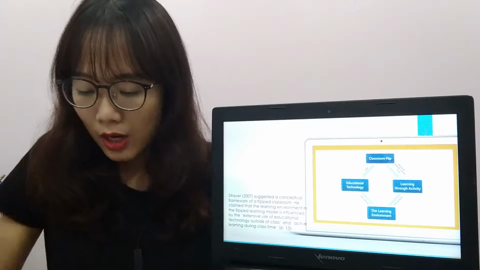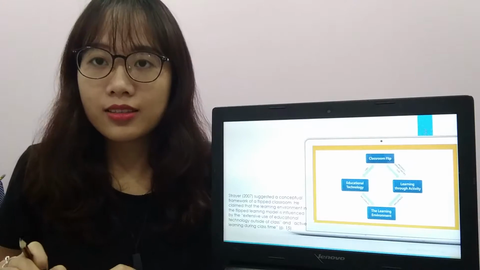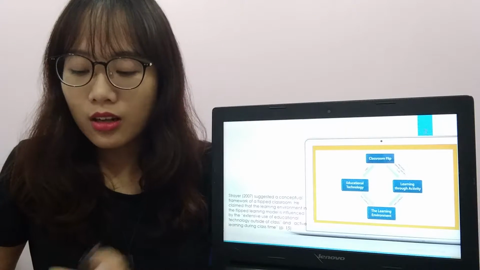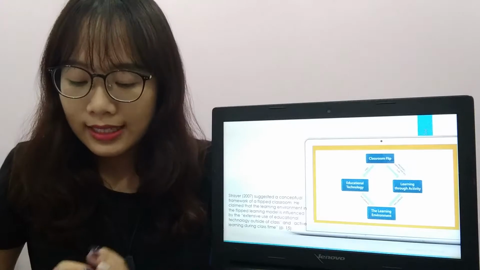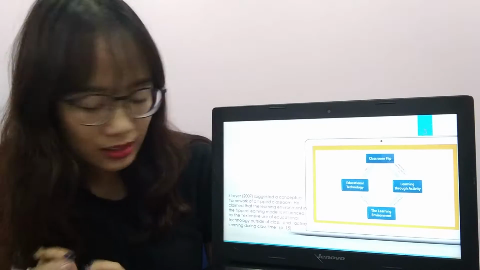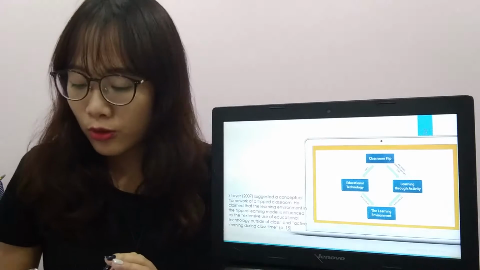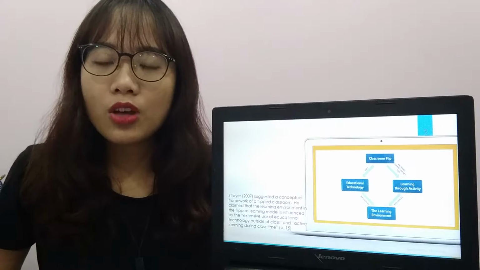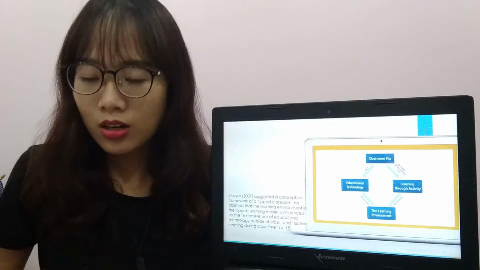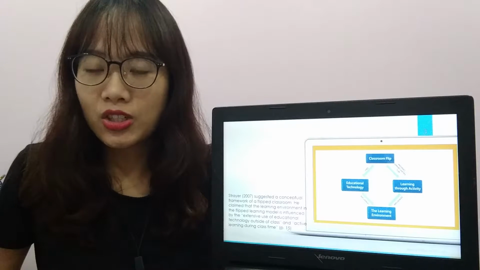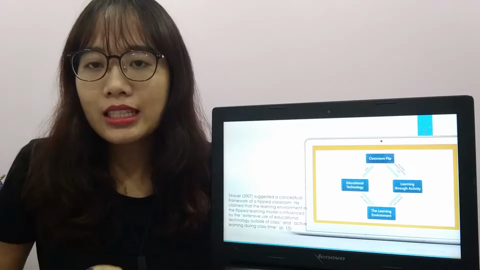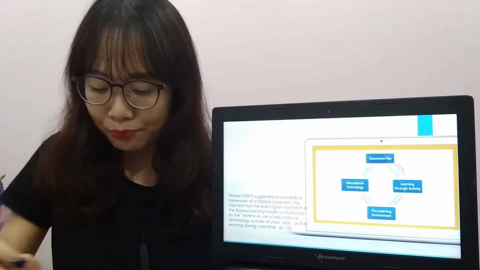So Strayer in 2007 also suggested a conceptual framework. He stated that the learning environment of flipped classroom will be influenced by extensive use of advanced educational technology outside the class and active learning during the class.